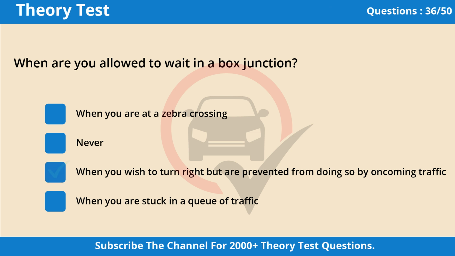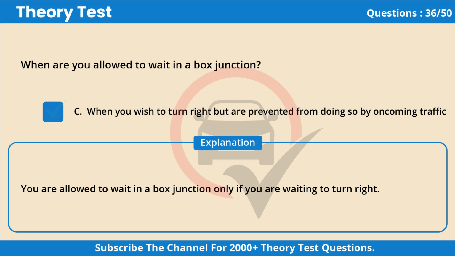C. When you wish to turn right but are prevented from doing so by oncoming traffic. You are allowed to wait in a box junction only if you are waiting to turn right.